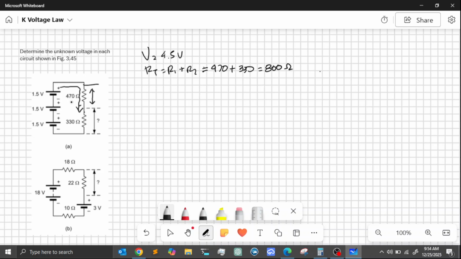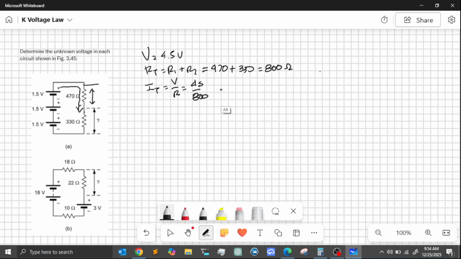So now let's calculate the total current flowing through the circuit. And that is equal to voltage over resistance, and that is 4.5 over 800.